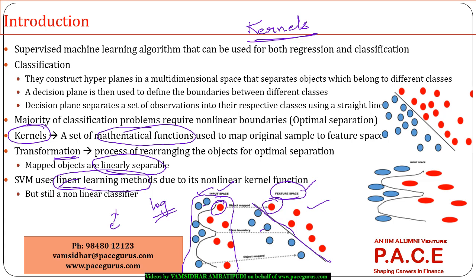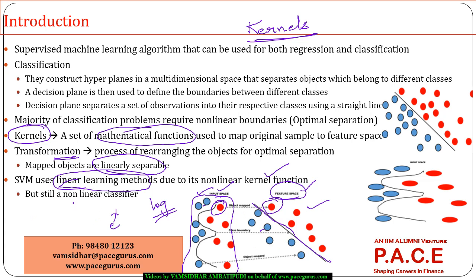Initially, the data has a nonlinear relationship. It has applied its nonlinear kernel function, and using that function, it has transformed the variable values in such a way that it can do a linear learning method on that set of values.